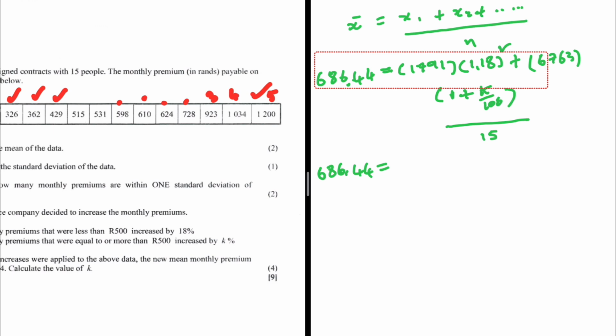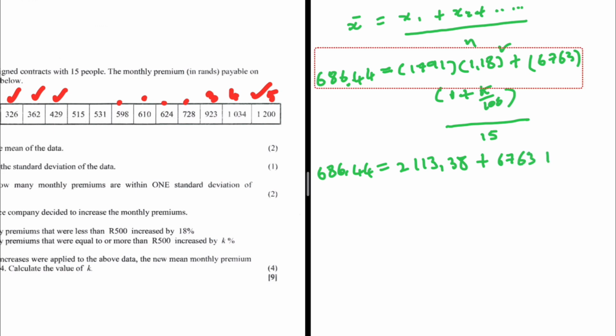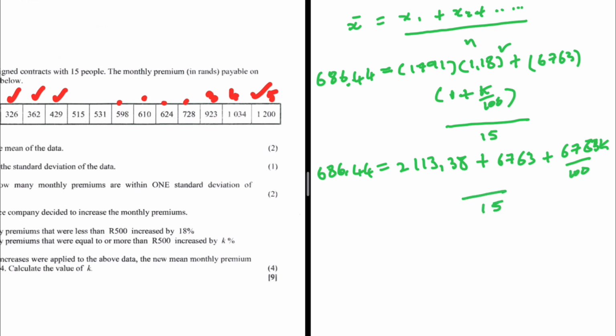This is 2103.38, plus 6,763 multiplied by the bracket, so plus 6,763k over 100. Okay, and then we are dividing everything by 15.